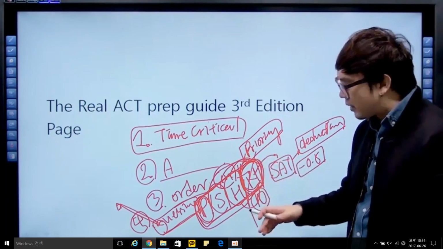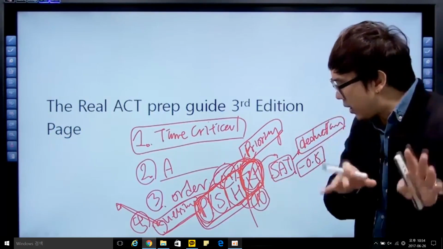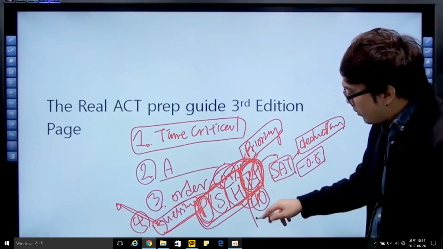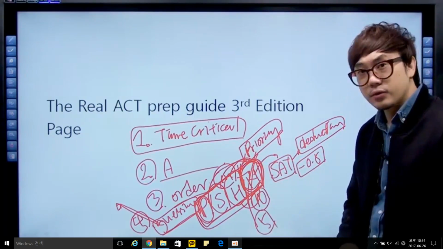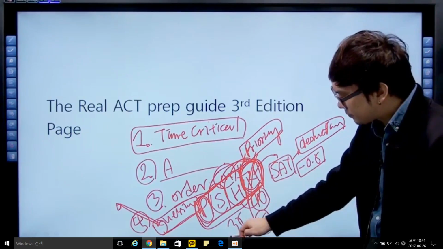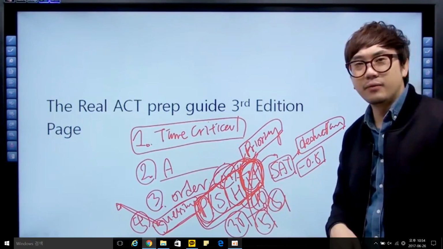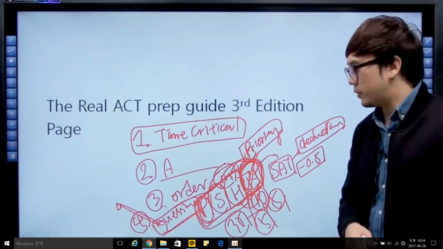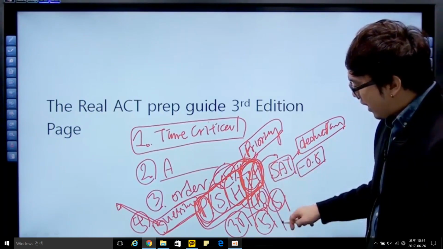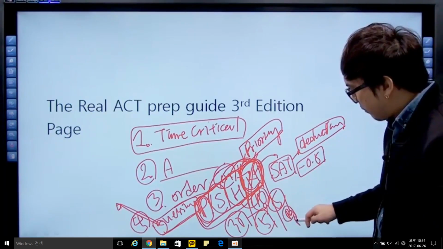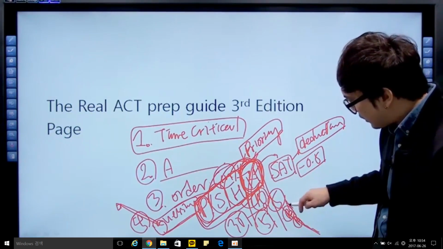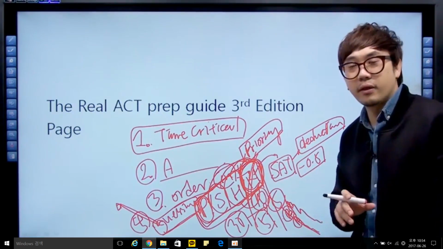Or let's put it this way, you went halfway and got 5 of them right. So far you've got 35 right, and you have 5 more left, and you're running out of time. You have like 1 minute to do this. So you decided to guess all of that and put all B's for everything, all right?